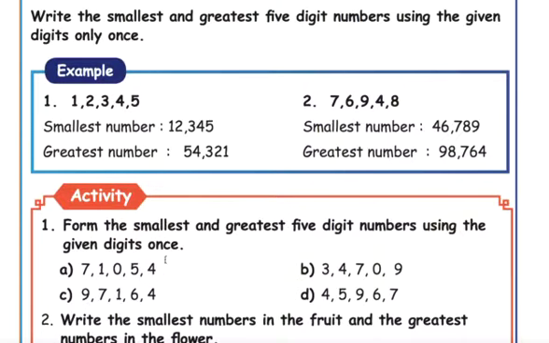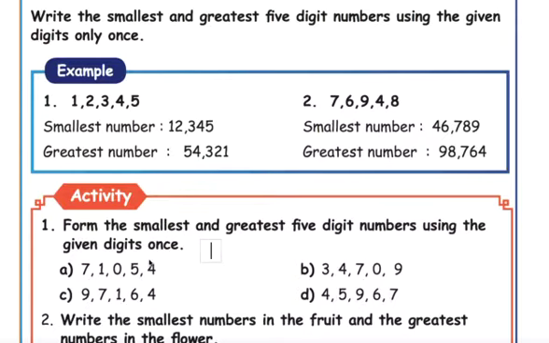Okay, now let's see this example. Since it has 0, right? Smallest and greatest digit. Let me do it for only a, because the space is not sufficient to do for all the 4. So even though 0 is the least number, you cannot put 0 at the beginning, right?